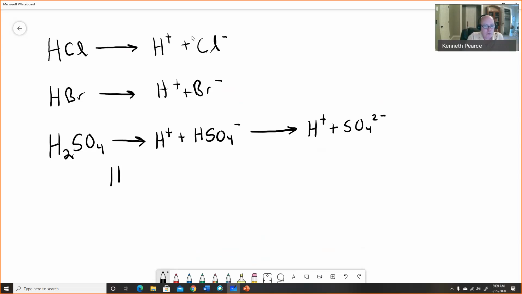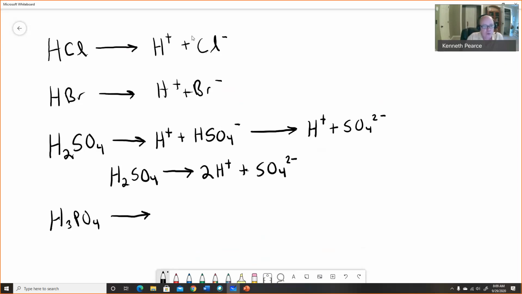Overall, many times we'll write this like this. We say H2SO4, sulfuric acid, will dissociate into 2 hydronium ions or protons plus the sulfate ion. And we can also say, for phosphoric acid, H3PO4, those hydrogens come off one at a time, just like with the sulfuric acid, but we can write down that it is 3 H+ that come off plus the phosphate ion.